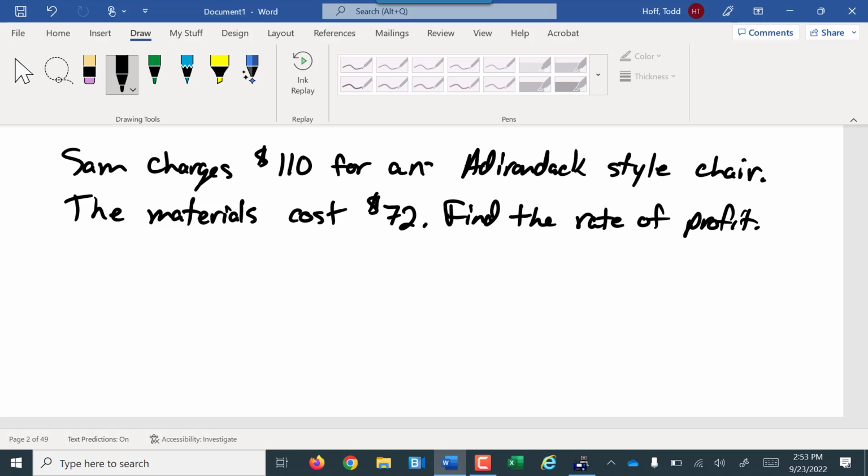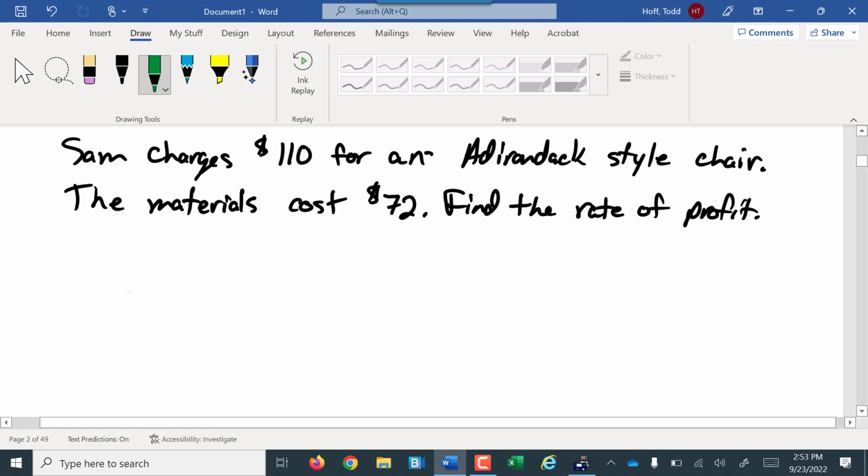Adirondack? Yeah, I spelled it wrong. You get the point. There's a good reason I'm not a spelling teacher. So anyway, rate of profit.